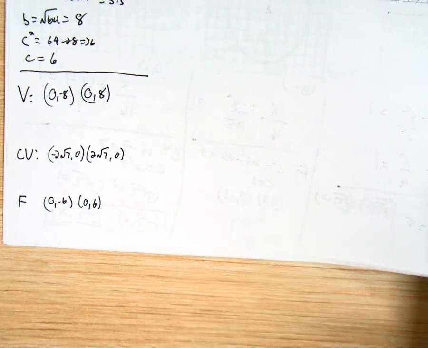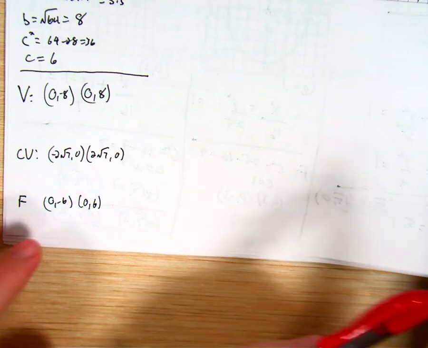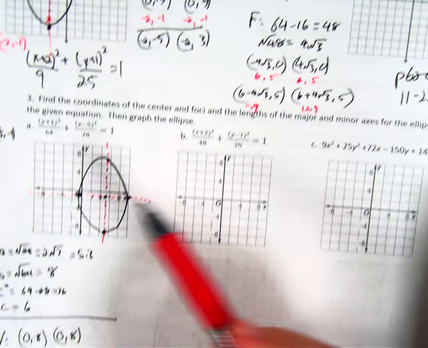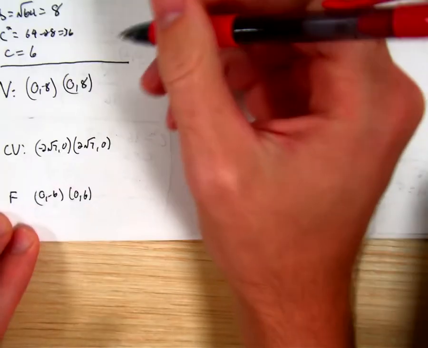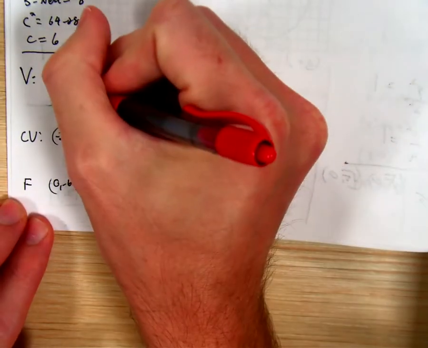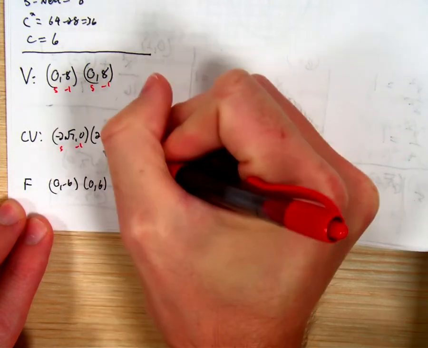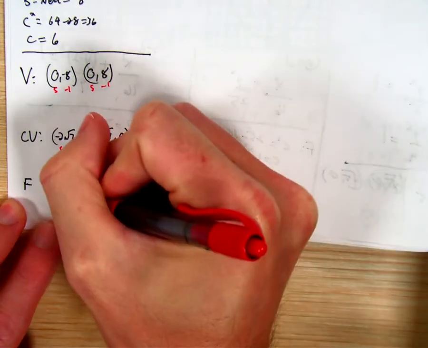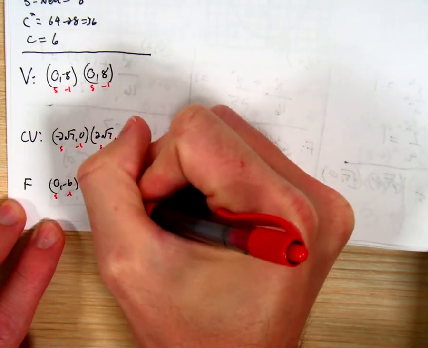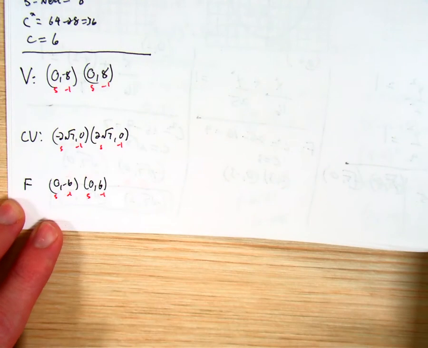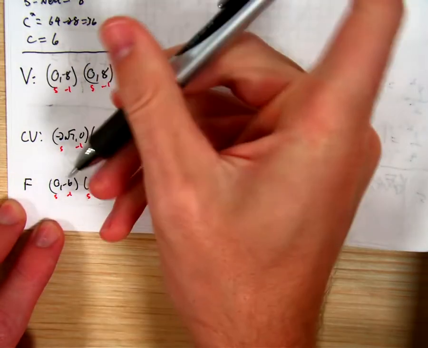Okay, and now we put our center in there. We're going to readjust it, because we're not at 0, 0, we're at 5, negative 1. So I need to adjust. We'll put 5, negative 1 under all of these. Now I go through and get my actual coordinates here.